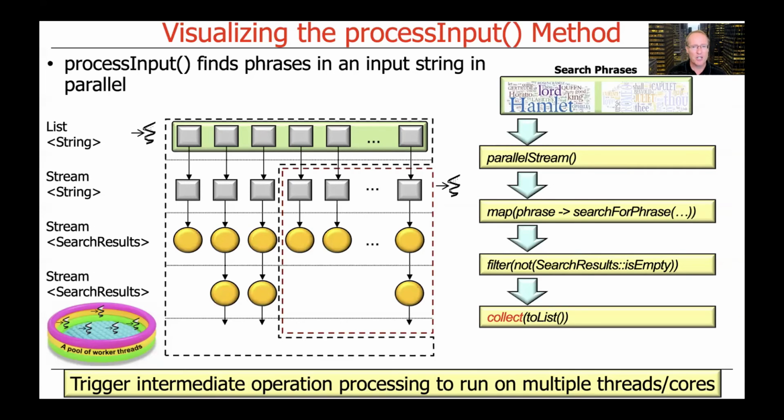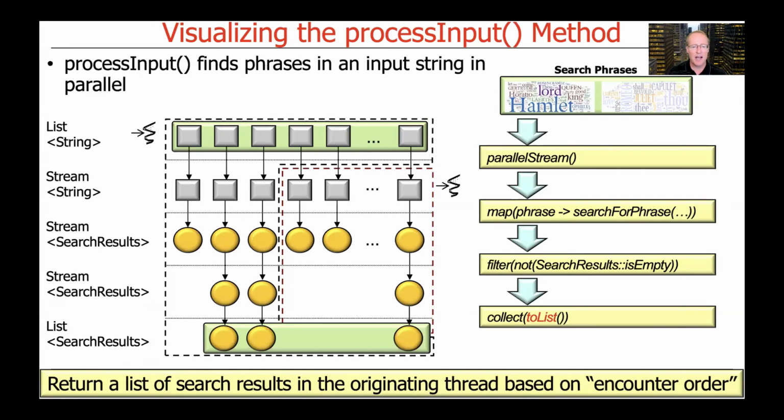The terminal operation here, of course, again, is collect, which is going to convert the stream of non-empty search results into a list of non-empty search results, and that'll be passed back to the caller. And that will also take place in encounter order, just by virtue of the fact we're using an ArrayList here under the hood, and ArrayLists obey encounter order by virtue of the way that they're implemented.